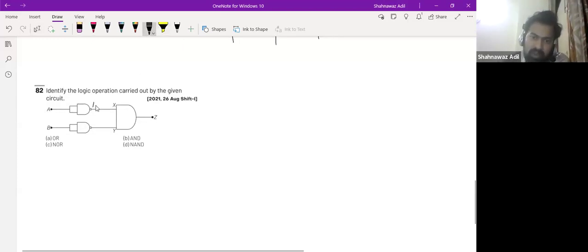From here we have A bar, from here we have B bar, and then this is A bar into B bar, right? And what is A bar into B bar? That is A plus B, bar. That is A bar into B bar, right? And what is A plus B?